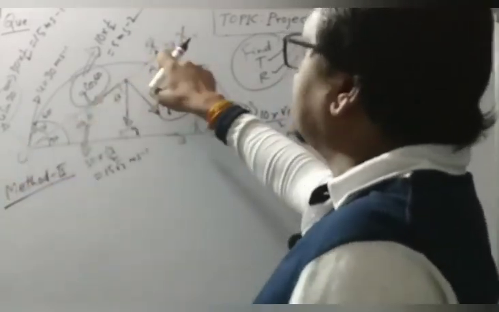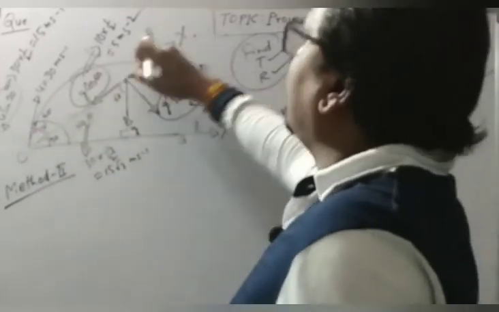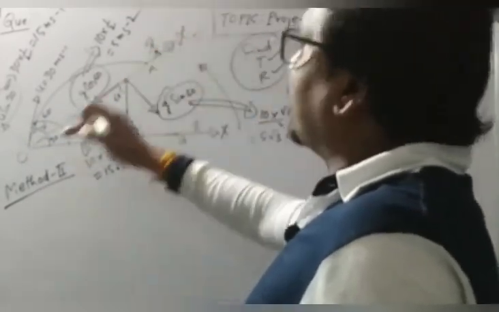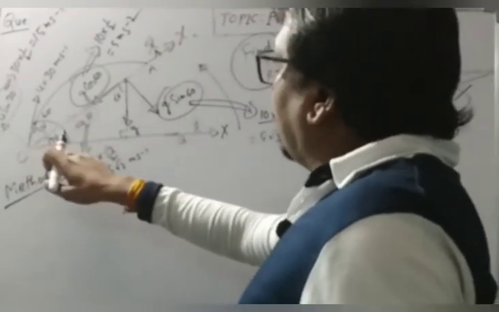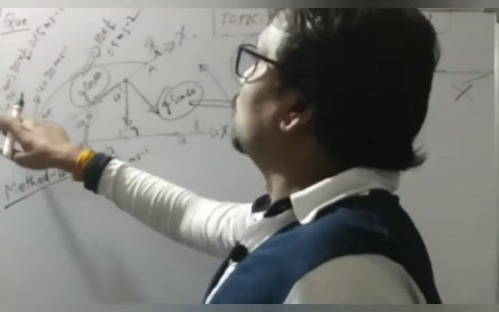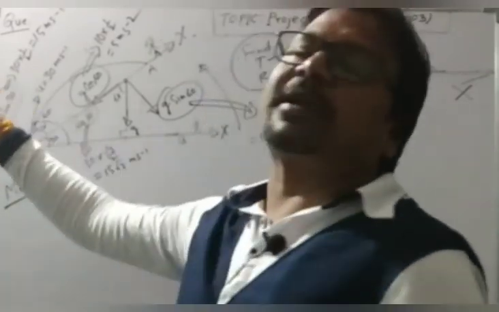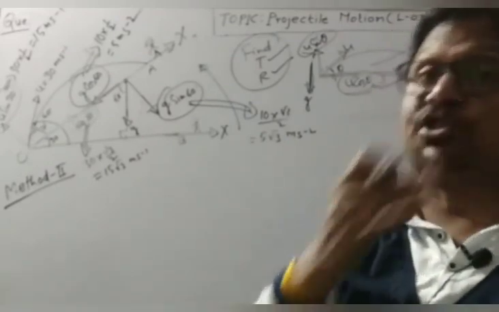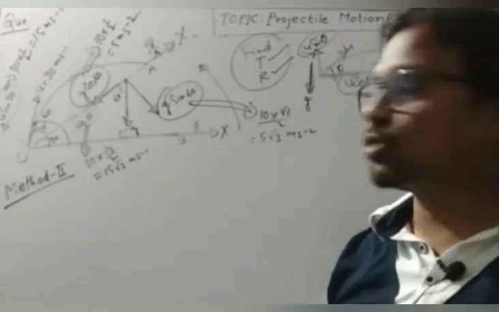OA is the x-axis, and the perpendicular direction will be along the velocity u sin 30. This may be considered as vertical motion or motion along the y-axis.